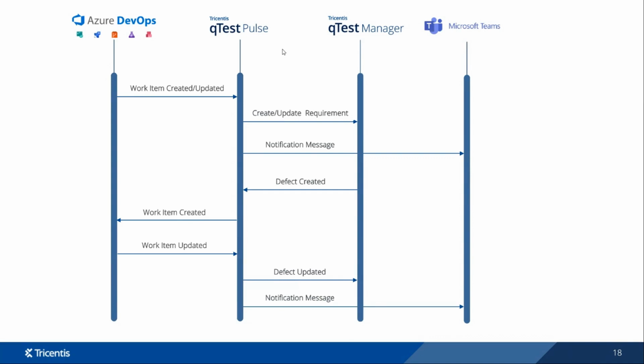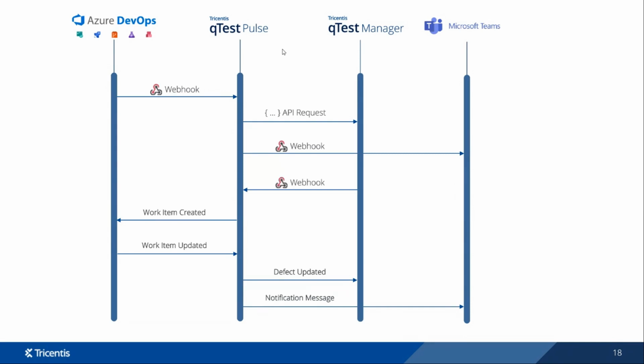So the workflow that we're going to dive into is, as a business analyst or developer creates a new work item or user story in Azure DevOps, that is going to leverage the ADO webhooks to hit an incoming webhook in Pulse that's going to reflect that work item or user story in my test management platform, notify my testing team that a new requirement is available and ready to be tested against, and that test cases need to be linked to cover that user story.